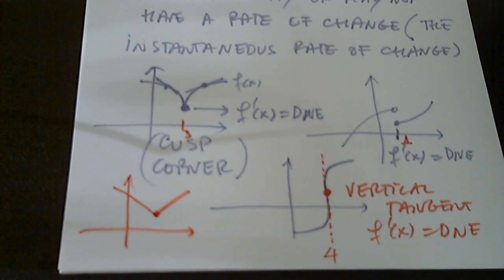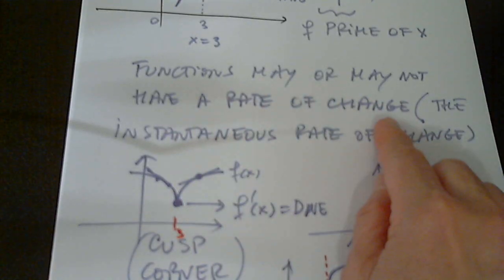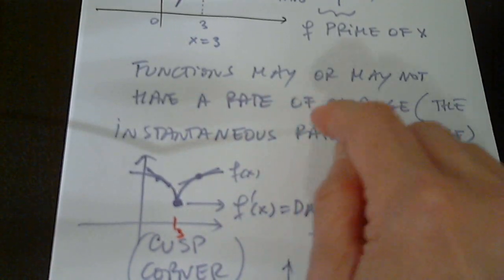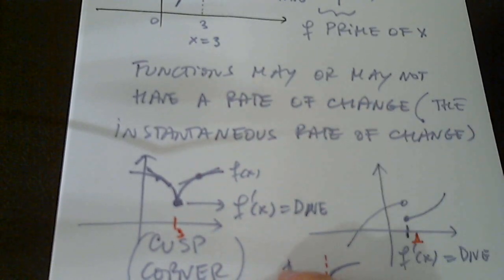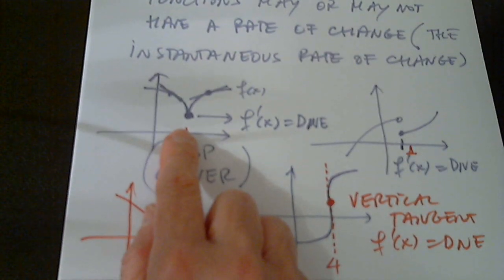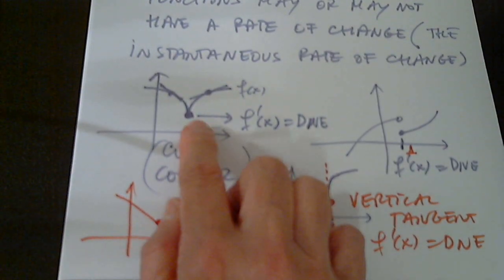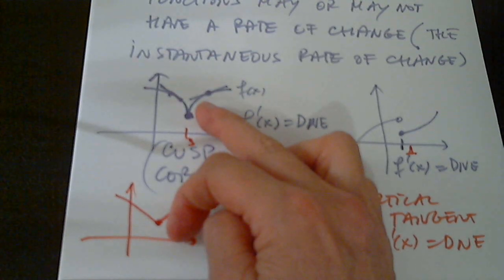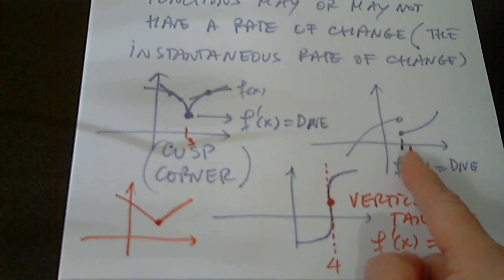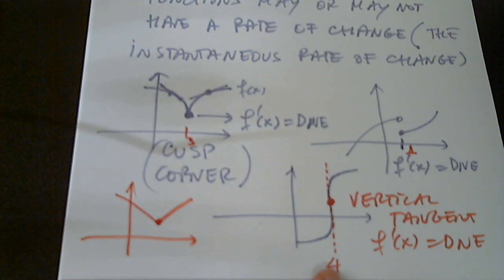So these are the situations in which I said functions may or may not have a rate of change. They don't have an instantaneous rate of change when there is a corner, this is called a cusp, but it can be treated as a corner, when the function is not continuous, and when the function has a vertical tangent.